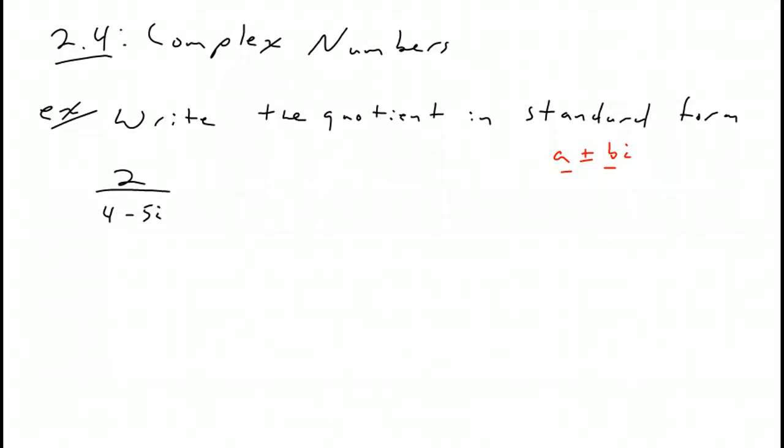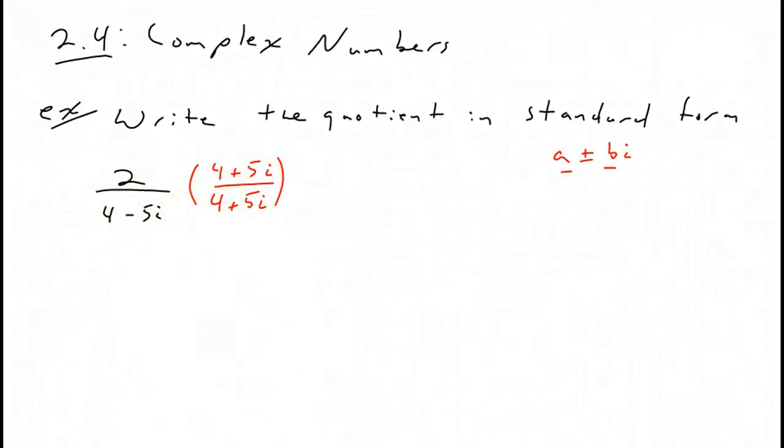Ones like this are a little bit trickier though. Okay, I notice I have two numbers on bottom, so I need to really figure out a way to get rid of that i on bottom. Well, I know i squared is negative 1, so if I multiply by the conjugate, it will make that go away. We'll work it out and I'll show you. So I multiply by the conjugate, so the only difference is the sign in front of the i.